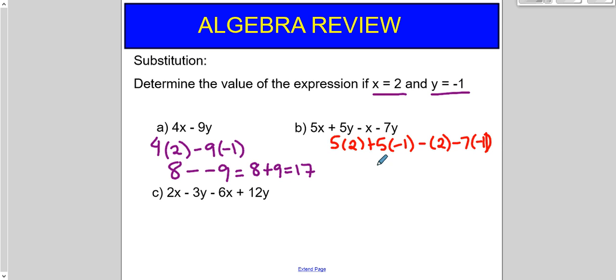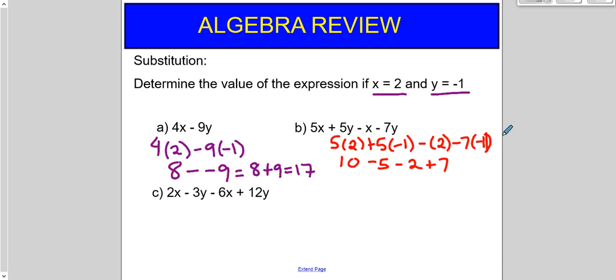Wherever there was a y, we put a -1. All right, so 5 times 2, which is 10. 5 times -1, which is -5. -2. And -7 times a -1, which will give me a +7.